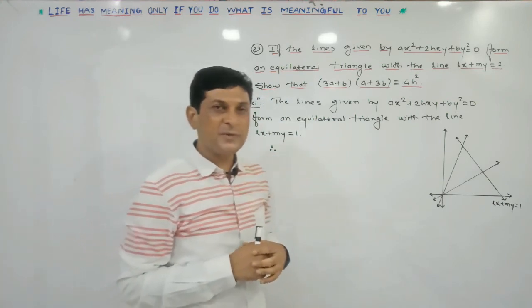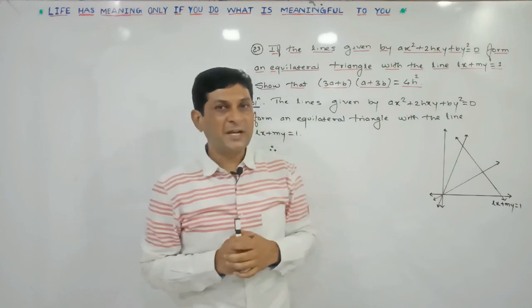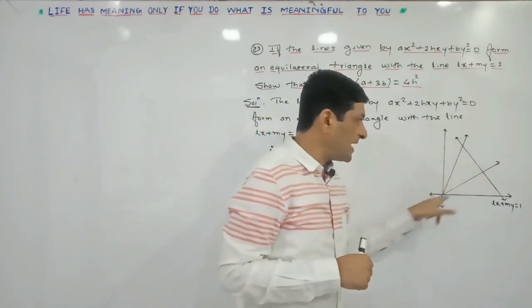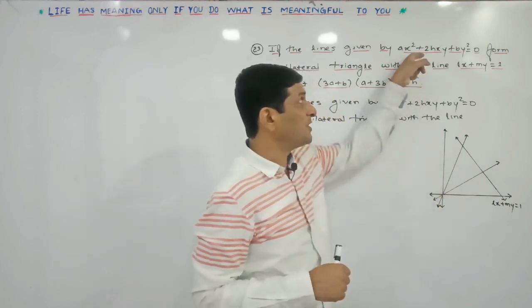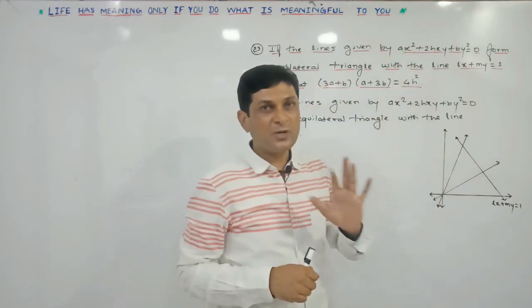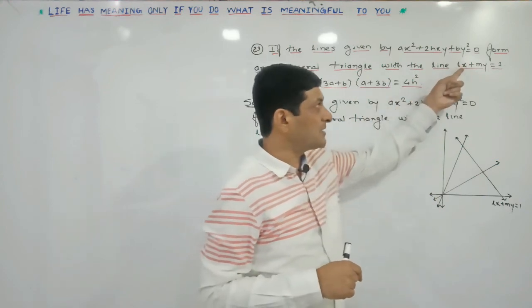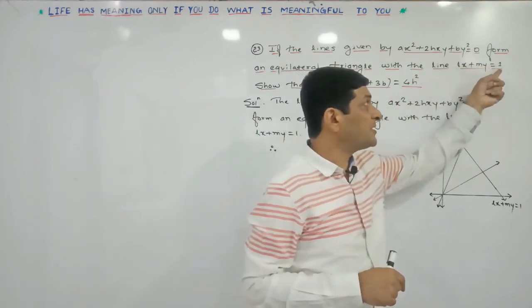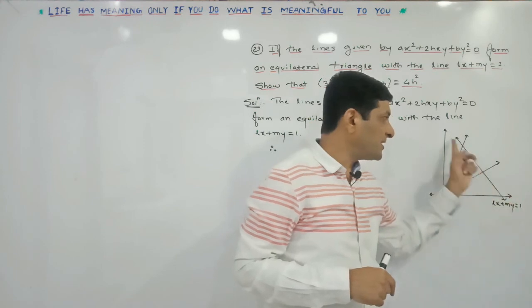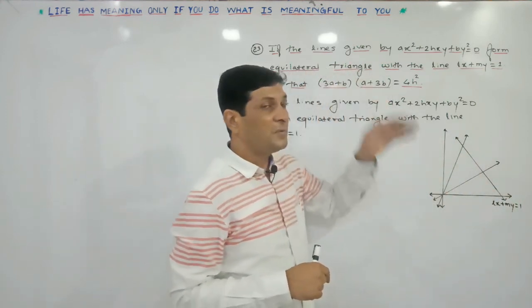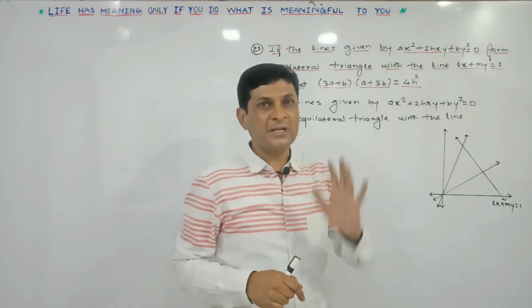One homogeneous equation is given to us and we know that it represents a pair of lines passing through the origin. Let these be the two lines represented by this homogeneous equation which pass through the origin, and one third line is given to us. The equation of that line is Lx plus My is equal to 1. So Lx plus My is equal to 1, and these three lines form which triangle? Equilateral triangle. It is the given condition.